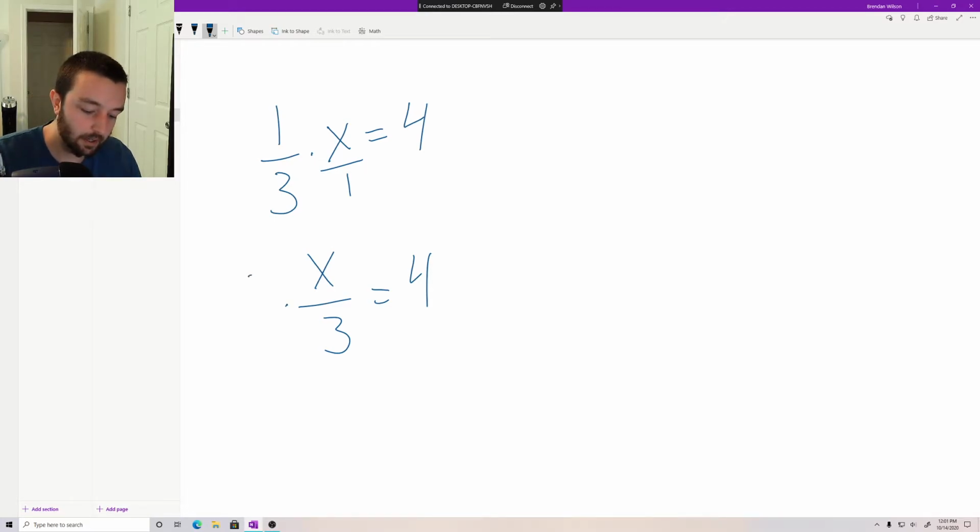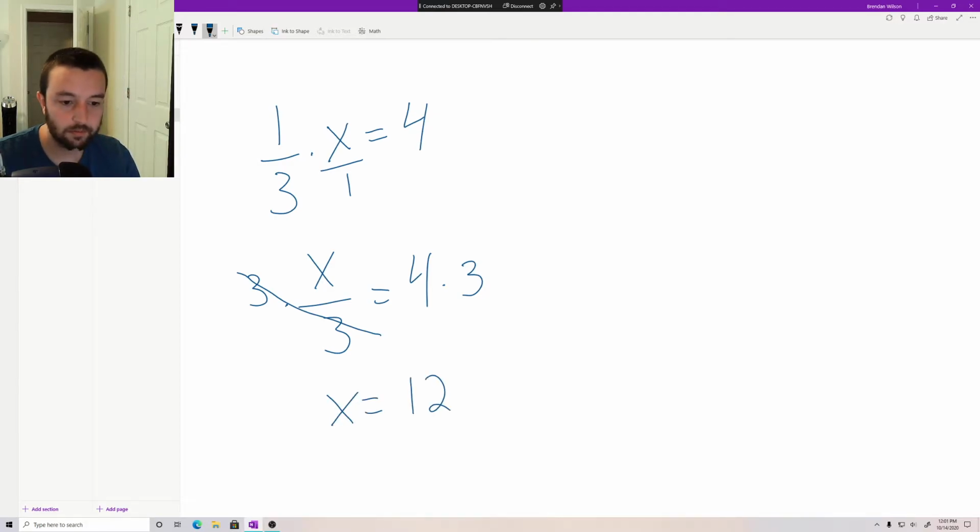Okay. If we multiply by 3, then these will cancel out and we'll just have x. Okay, because we'd have 3 divided by 3. But we have to do that on both sides according to our property of equality. Okay. So on the left side, we just have x, and on the right side, we have 12. Okay. So we end up with x equals 12.